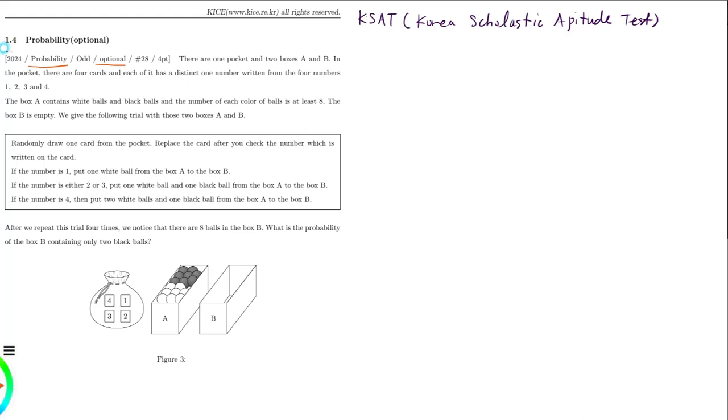Admission year is 2024. This is an odd type. Problem number is 28. This problem is about conditional probability. It has only one point, that is conditional probability.